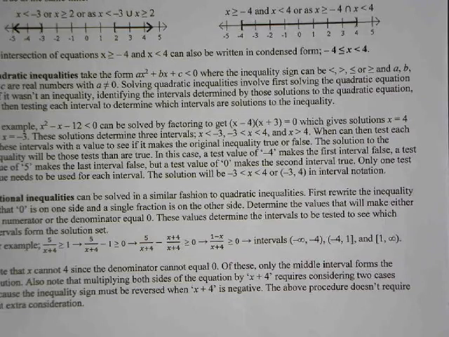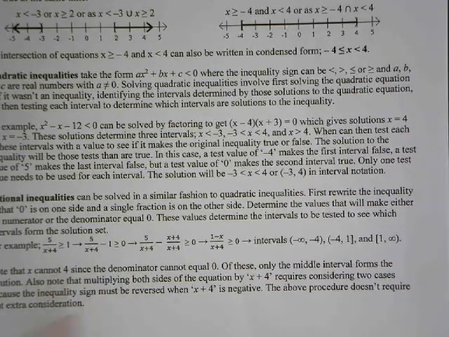Rational inequalities can be described in a similar fashion to the quadratic. First, we rewrite the inequality so that 0 is on one side and a single fraction is on the other side. Then we determine the values that will make either the numerator or denominator equal 0. These values determine the intervals to be tested. So note here we have 5 over x plus 4 is greater than or equal to 1.